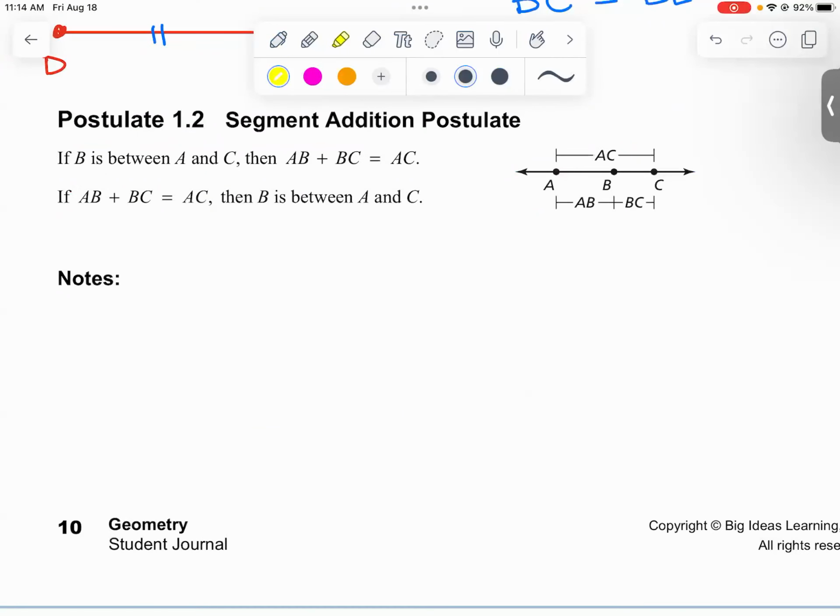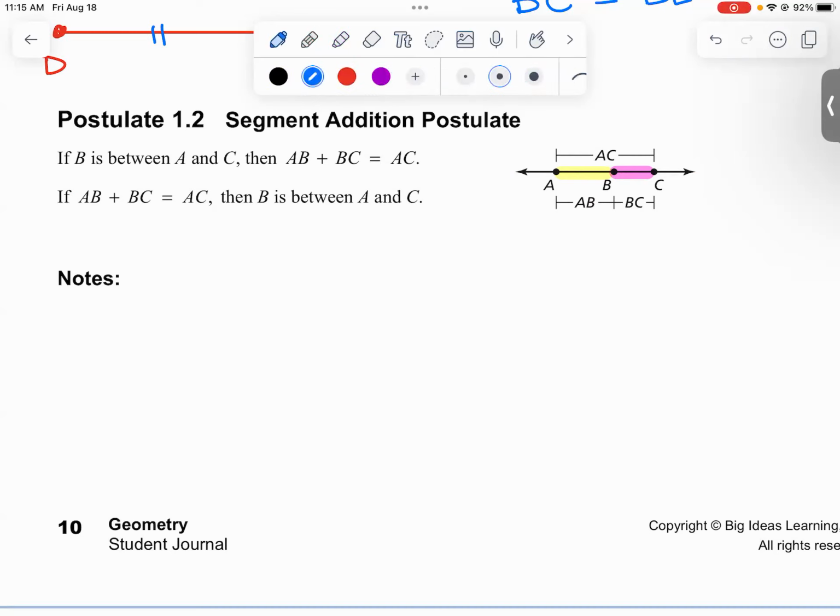Basically, if we have a segment where we have a point in between the two endpoints, we can say, okay, segment AB plus segment BC equals the whole segment AC.